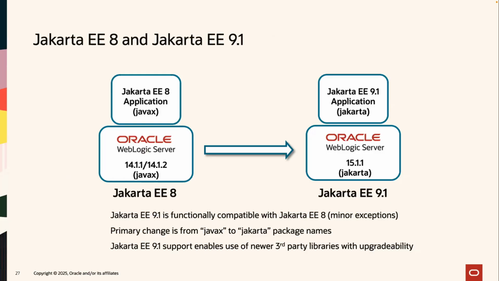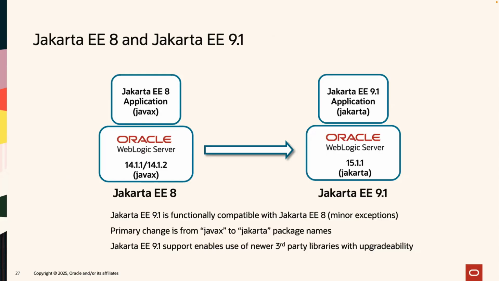Jakarta 9.1 is functionally compatible with Jakarta EE 8. In other words, the functionality provided by Jakarta 9.1, with minor exceptions, is the same as Jakarta EE 8. The primary change is that whereas Jakarta EE 8 used javax package names, Jakarta 9.1 uses jakarta package names.